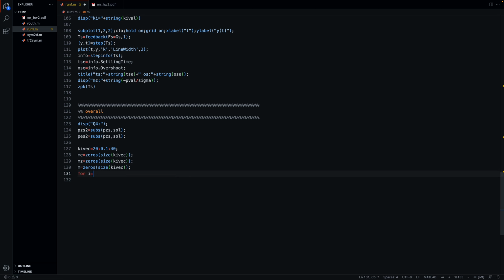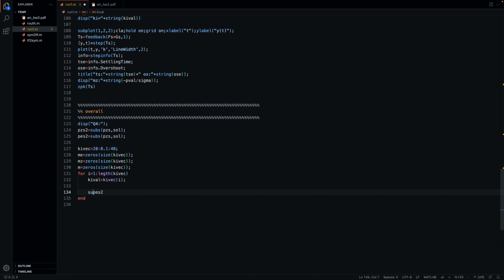And I'm going to loop through each Ki value, taking Ki val element by element. And what I'm going to do is I'm going to plug that into PZS, for example, or PES.